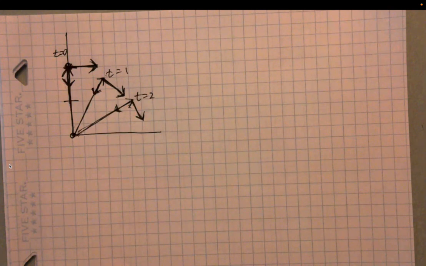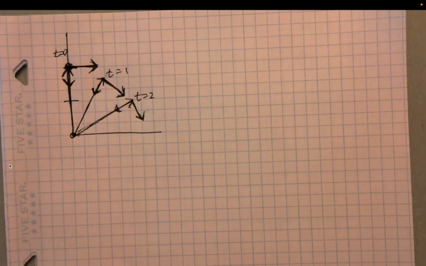So the acceleration is always towards the center of the circle. We can see that the velocity vector is always at a right angle to the position vector, and the acceleration vector is always at a right angle to the velocity vector. What that implies is that it's always pointed towards the center of the circle. So we can see that the particle moves clockwise at a constant speed because the acceleration is always orthogonal to the velocity, right?